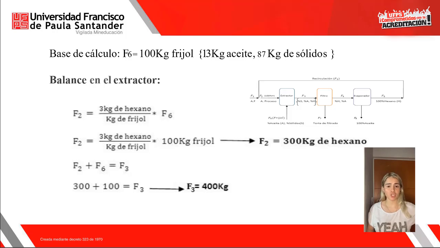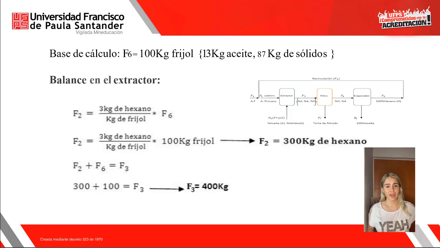However, these compositions are not around the filter, evaporator or mixing point. However, we know the feed ratio to the process. The feed ratio is 3 kilograms of hexane divided by 4 kilograms of beans.